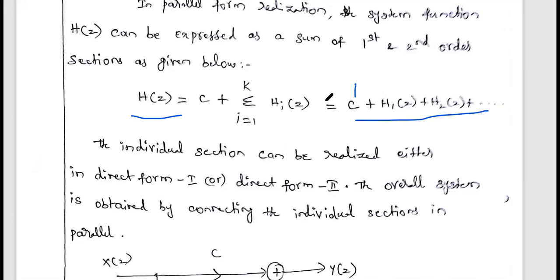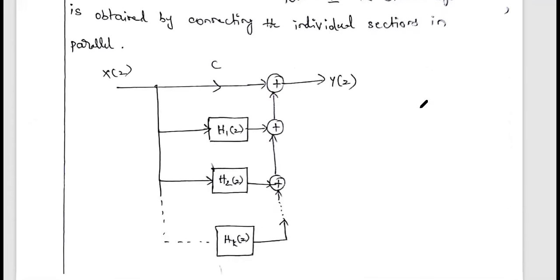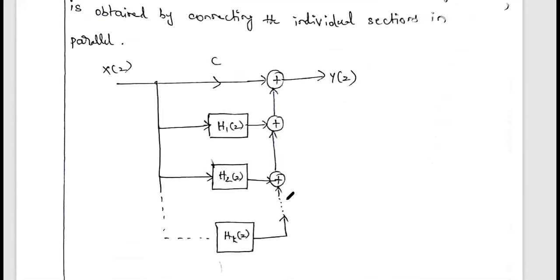After splitting like this, we have to realize H1(z), H2(z), H3(z) separately, individually in direct form 2. And finally, we have to connect them in parallel form. So you see, this is the parallel connection.